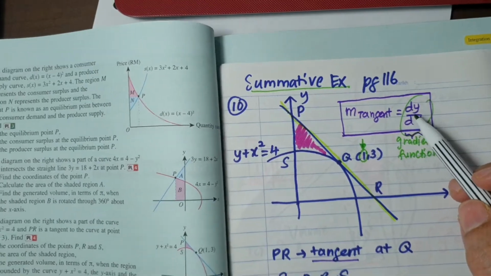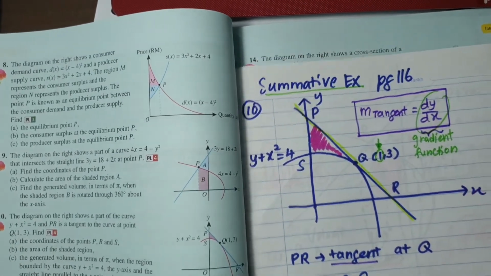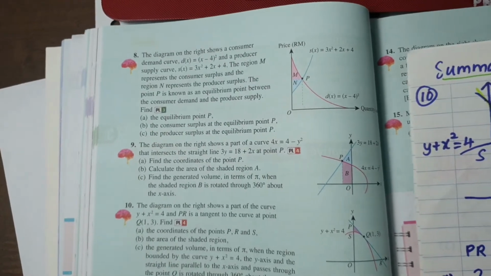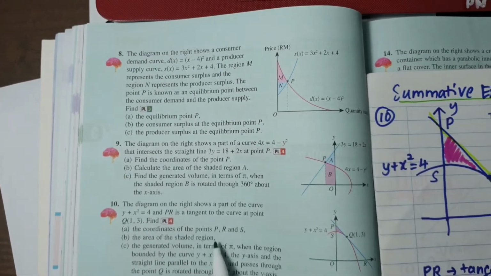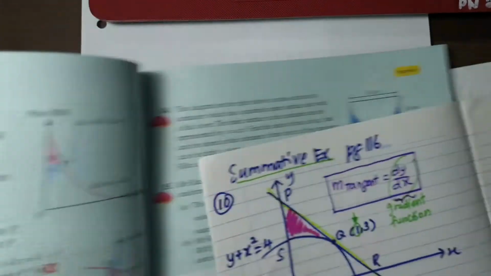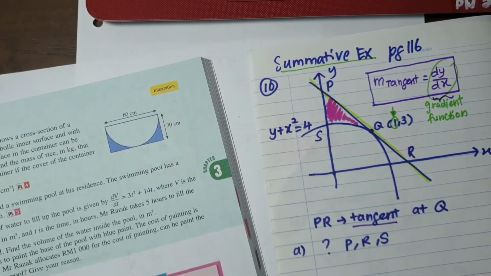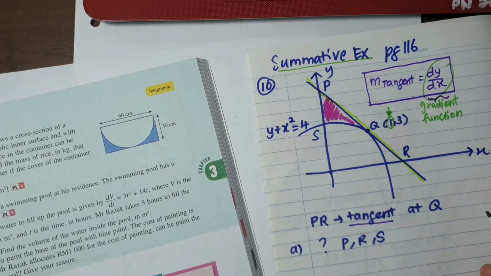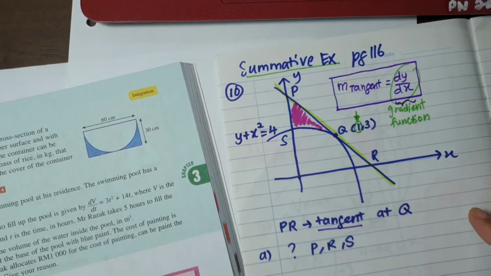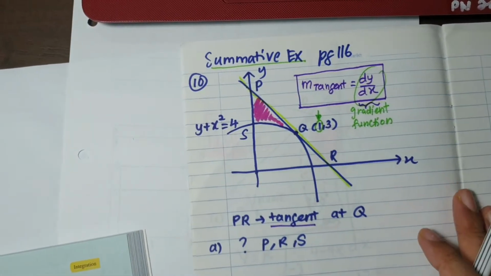Okay, now let's see what the question is. What does the question ask you? The first one, they ask you to find the coordinates of the points P, R and S. So let's find the coordinates of the points P, R and S first. From the equation of the curve, we can find dy by dx.